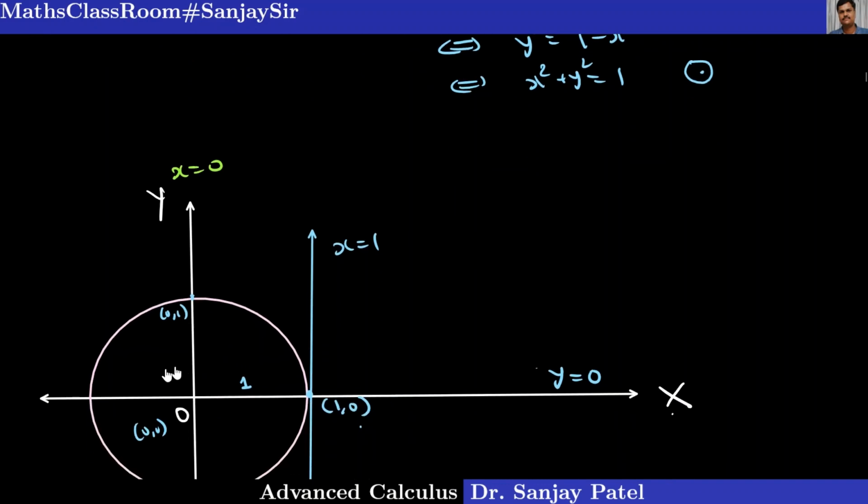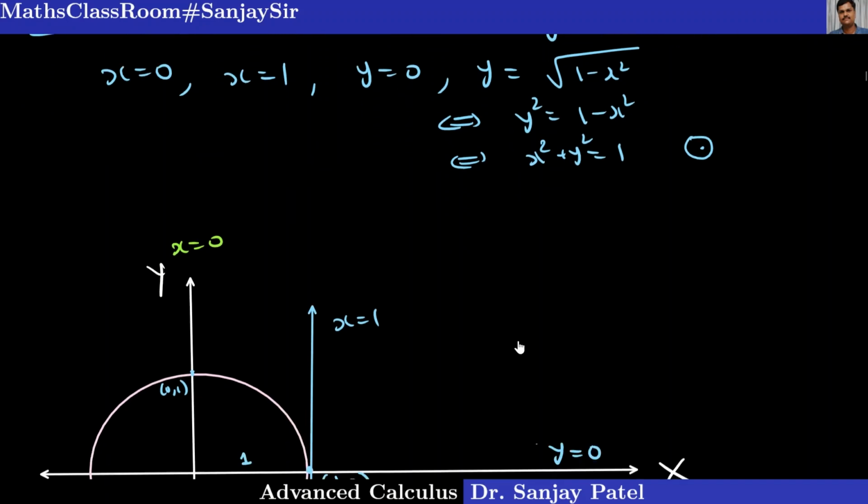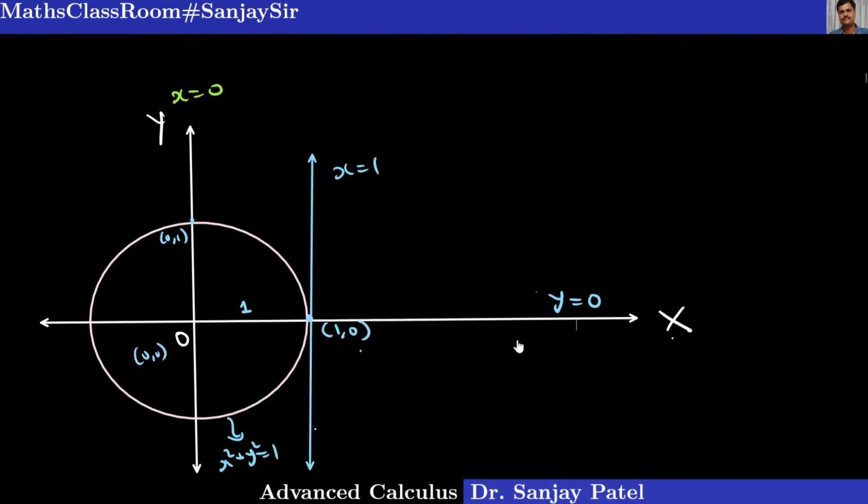these two lines, y equal to 0, and the equation y is equal to positive square root of 1 minus x square. Remember, this is something important I am explaining: the equation of a circle is x square plus y square is equal to 1, and if you write y square is equal to 1 minus x square and then take the square root, we will get y is equal to plus or minus square root of 1 minus x square.